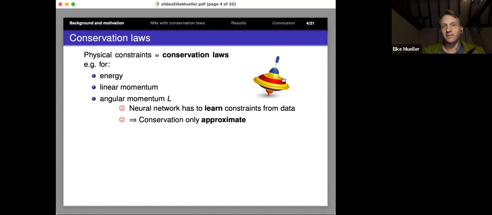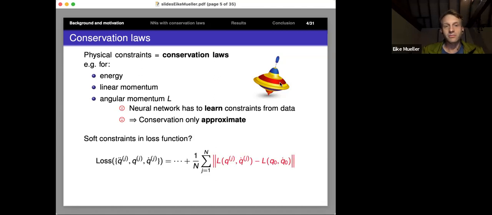If you have this spinning top here, then conserving angular momentum is really important because that stops it from falling over, for example. The neural network doesn't know anything about these constraints, so it somehow has to discover them from data. And even if it learns them, the conservation laws it learns are only approximate. That's the best it can do if we take this naive approach.